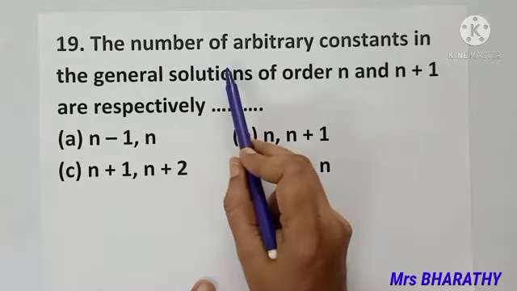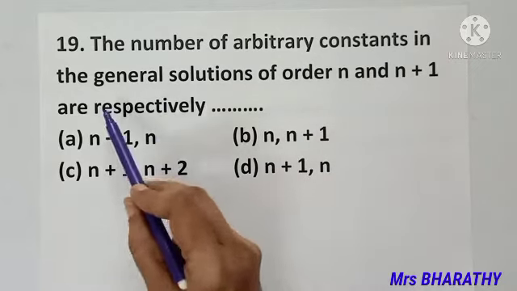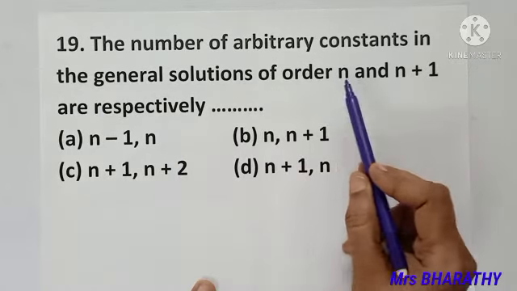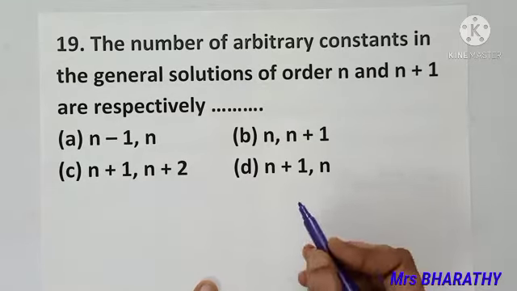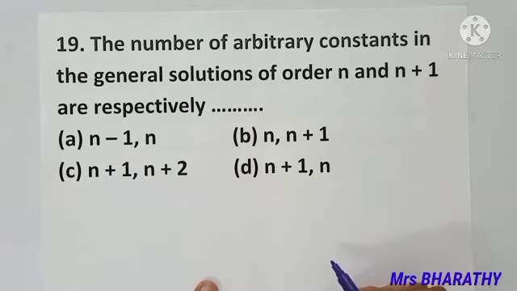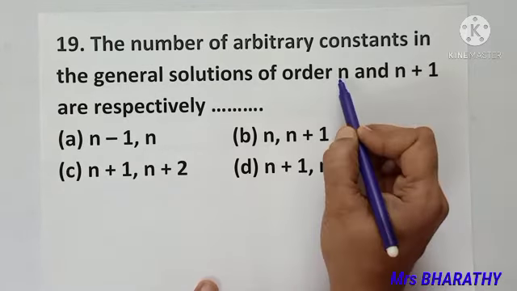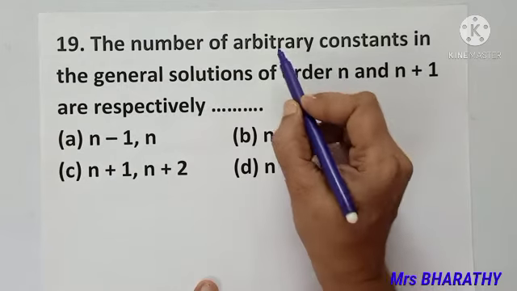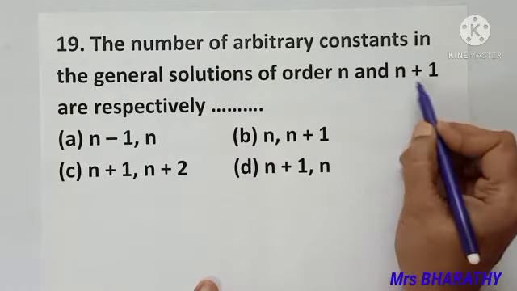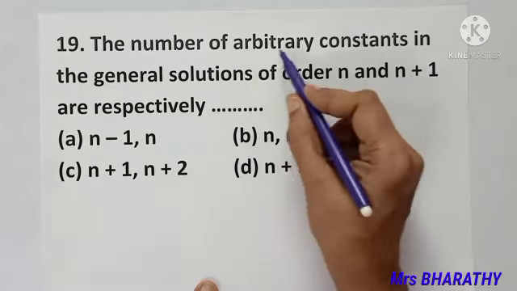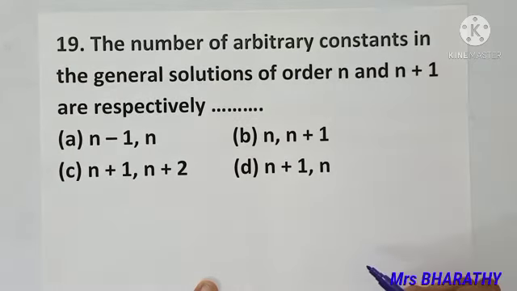Question number 19. The number of arbitrary constants in the general solutions of order n and n plus 1. Let us remember, if there are two constants, we differentiate twice and the order is 2. Here, the order is n, which tells us there will be n arbitrary constants. When the order is n plus 1, there will be n plus 1 arbitrary constants.